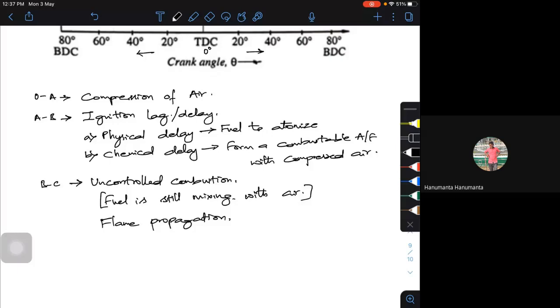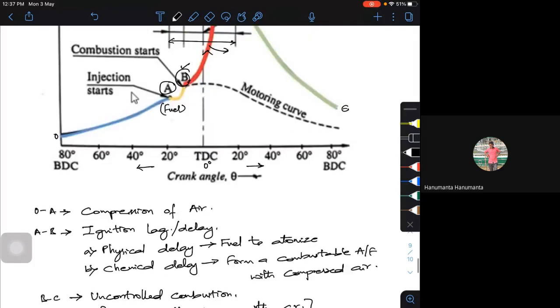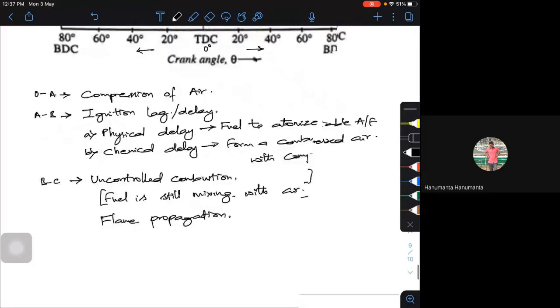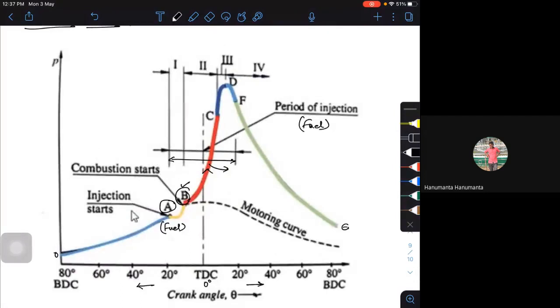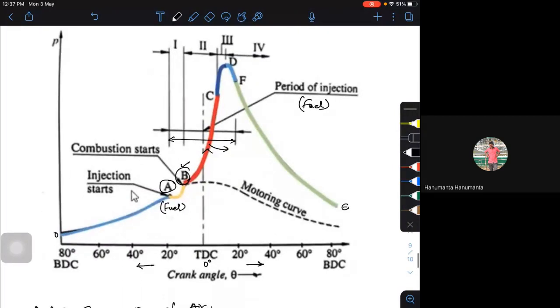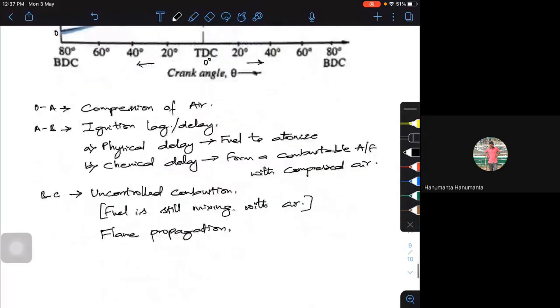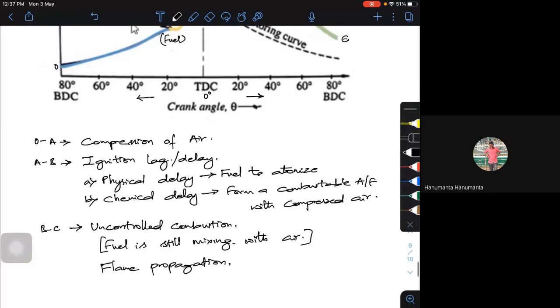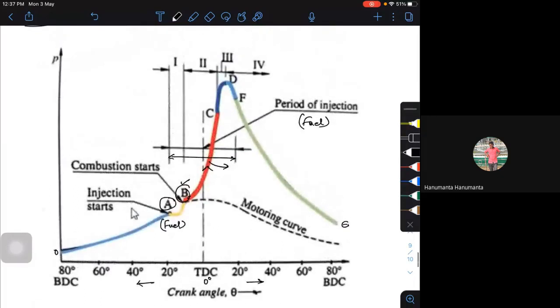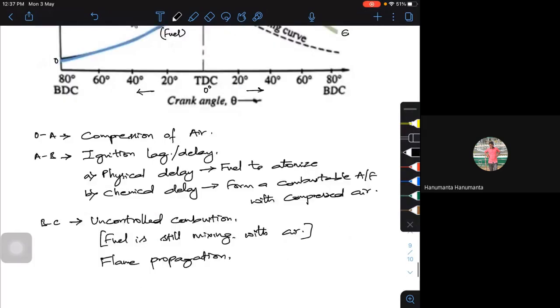Then what happens from C to D? If you look at it, C to D is called controlled combustion.